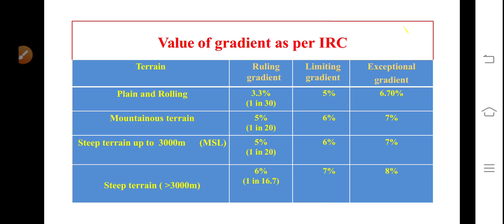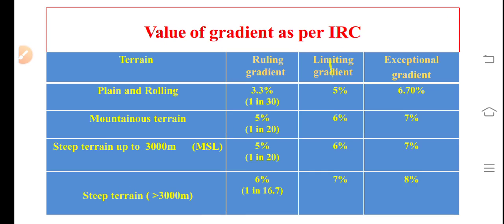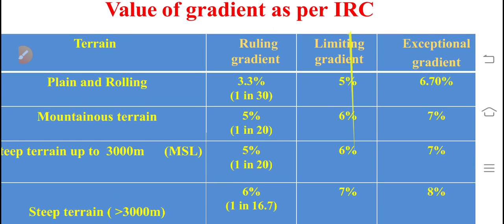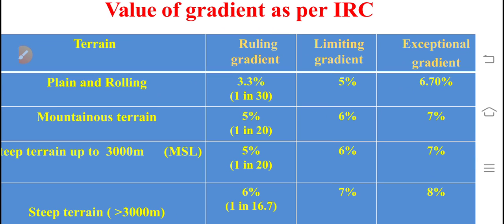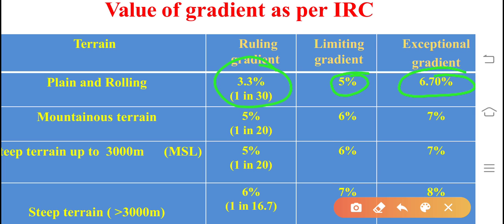Values of different gradients as per IRC. It depends on terrain: the ruling gradient, limiting gradient, and exceptional gradient. For plain and rolling terrain, 3.3%, that is 1 in 30, is sufficient. Limiting gradient is 5%, that is 1 in 20, and 6.7% as exceptional gradient.